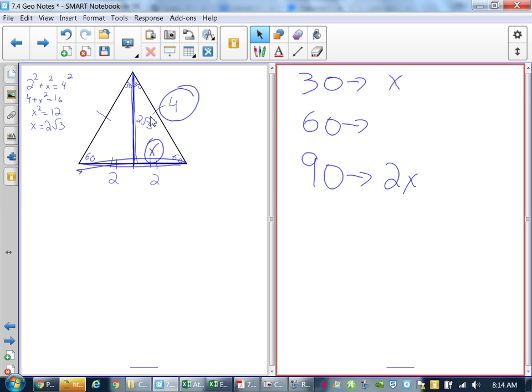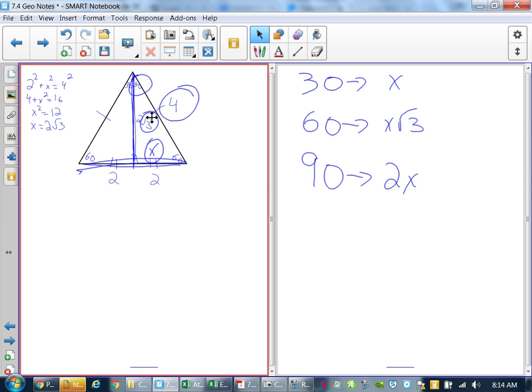Which means, what's going to be across from the 60, you think? Not just 3, it's x root 3. Because our side length was 2 across from the x, 4 across from here, and x root 3 across from here. Starting at my 30, across from it is 2.